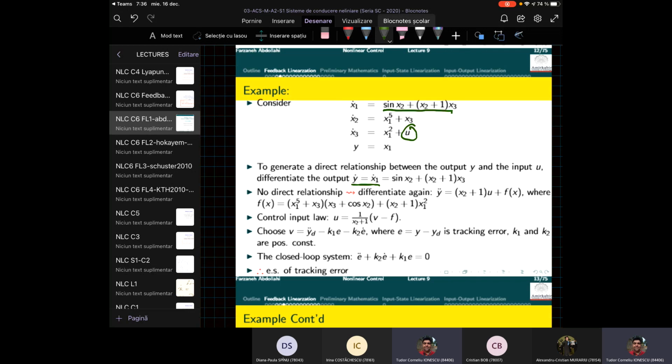Okay. No, again, so what is the idea? Did you get it? Idea. Differentiate. Who? Who are you going to differentiate? Who are you going to differentiate?